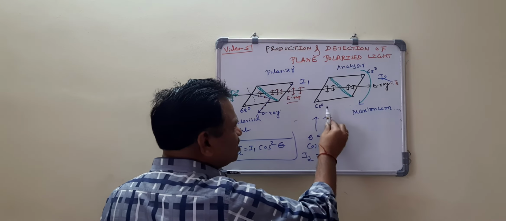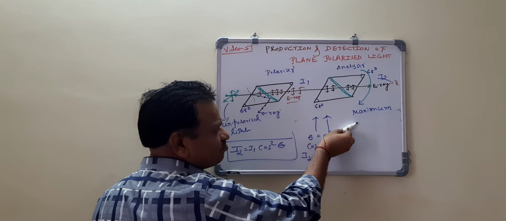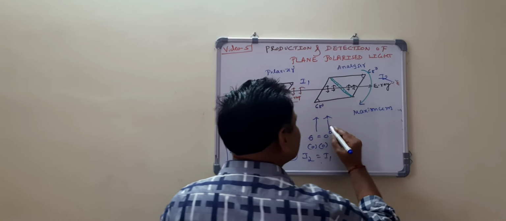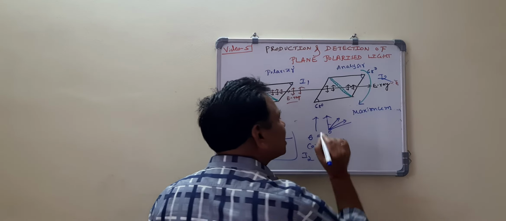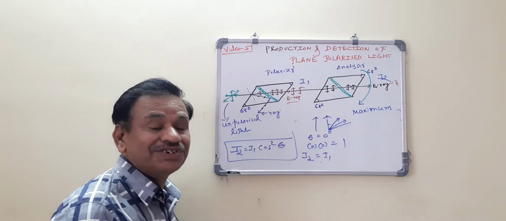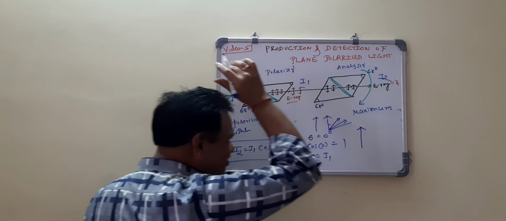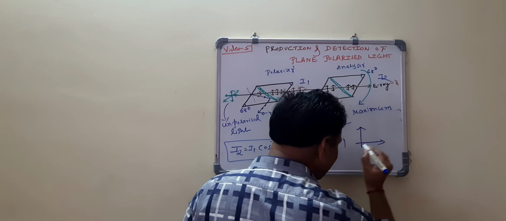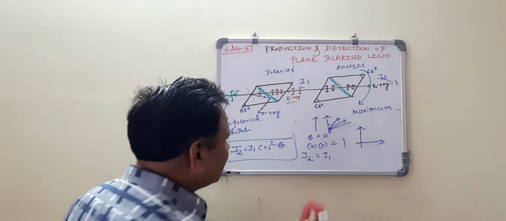Now the principal section of this changes as you rotate like this. This angle changes here. Once the principal section of the polarizer and the principal section of the analyzer both become 90 degree, theta equal to 90 degree.